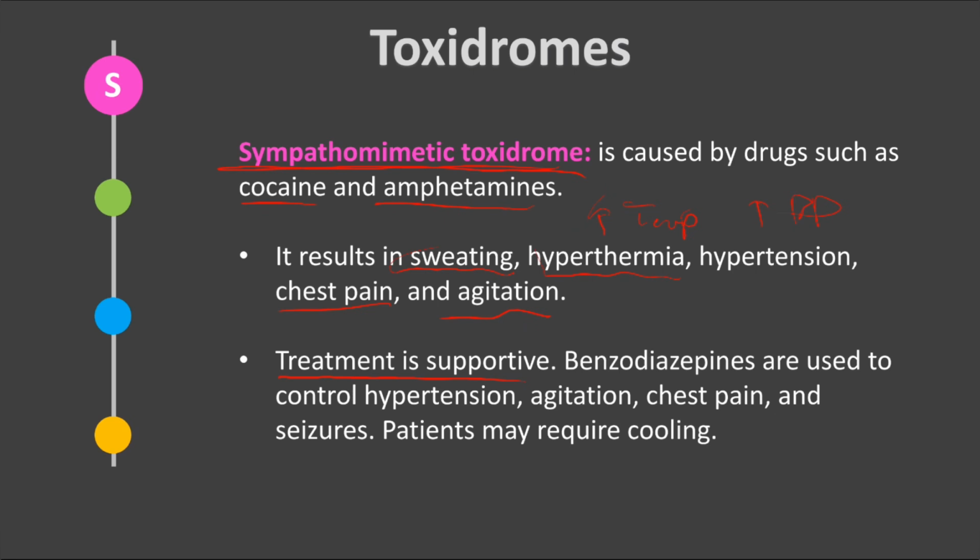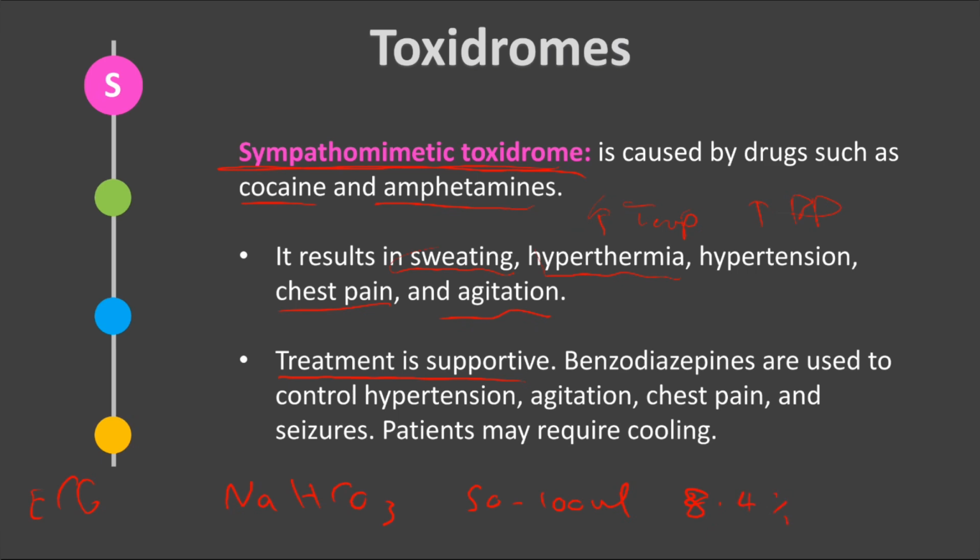And sometimes you may even need lavages, for example, gastric lavage, bladder lavage with cold fluid. If there are ECG changes due to a sympathomimetic drug, you may give sodium bicarbonate, NaHCO3, in the dose of 50 to 100 ml of 8.4% sodium bicarbonate.